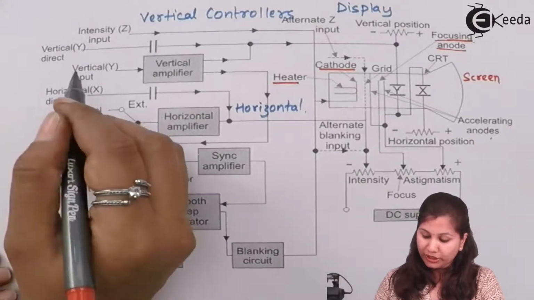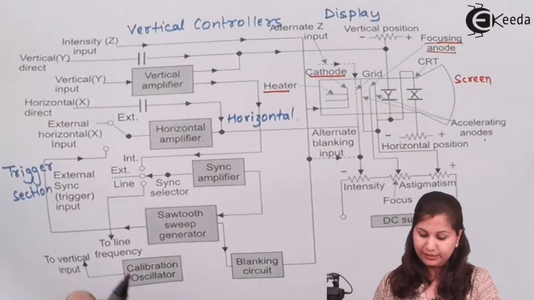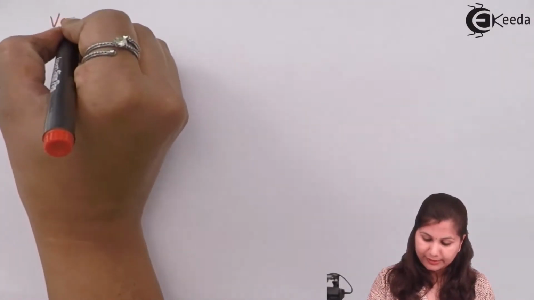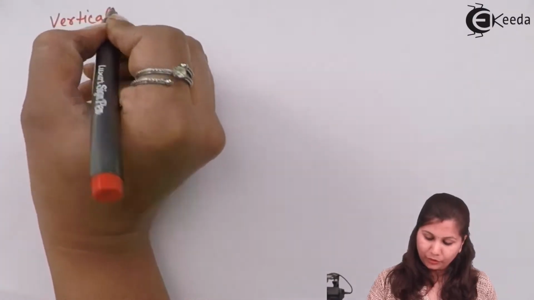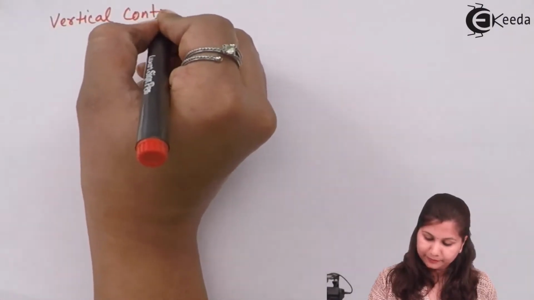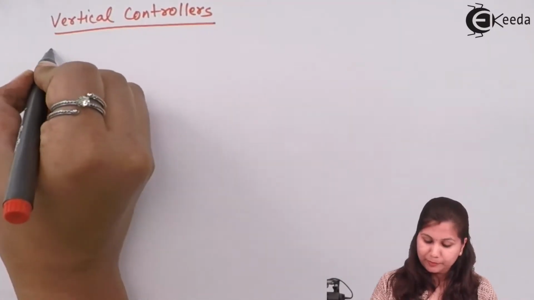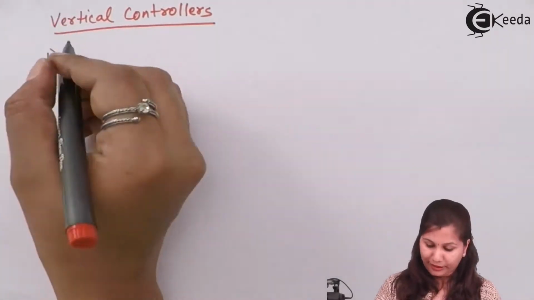Okay, so here we will apply the input signal. So if we talk about the vertical section or vertical controllers, the first part is the vertical amplifier.